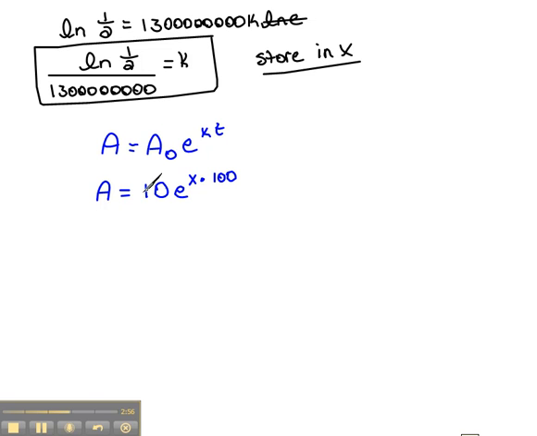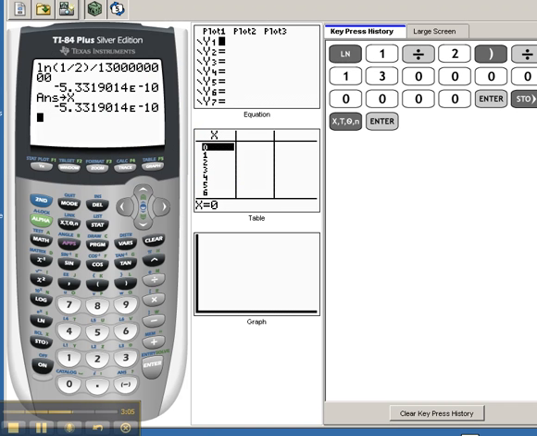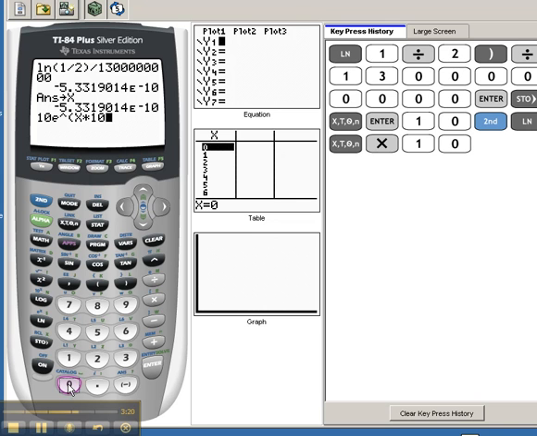Now this can be typed in on our calculator as is. Just make sure that you put that entire exponent in parentheses. So I'm going to type this in as 10, and then e, I'm going to do second ln to get e raised to the x, because that's where we stored this number, times 100, and close the parenthesis.